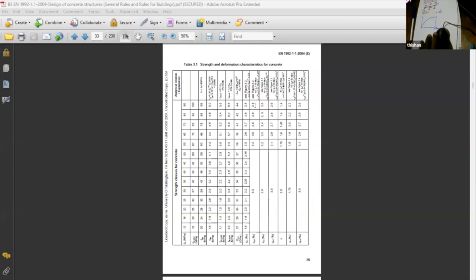So the maximum strain is not always 0.0035. So the calculation that you derive with 0.0035 would not be applicable for concrete if the strength is more than 50 megapascal cylinder strength. We have to be a little concerned about it. So anything up to 60 megapascal cube strength or 50 megapascal cylinder strength, nothing to worry.